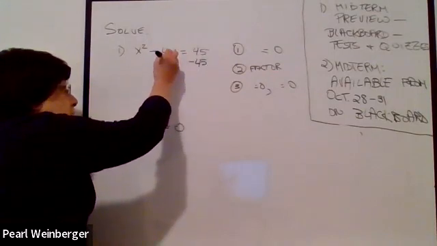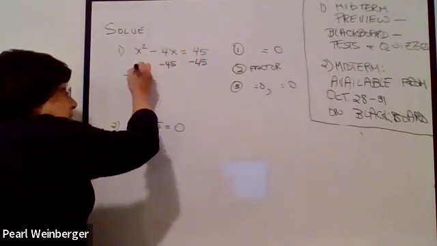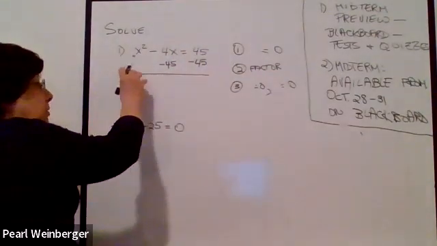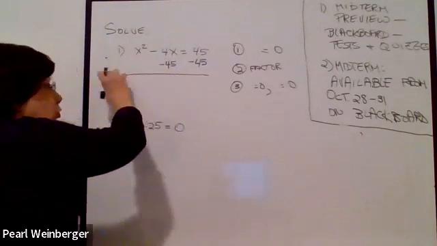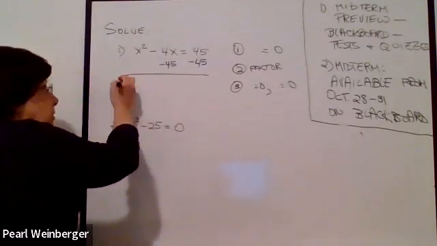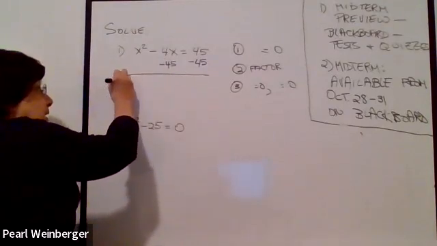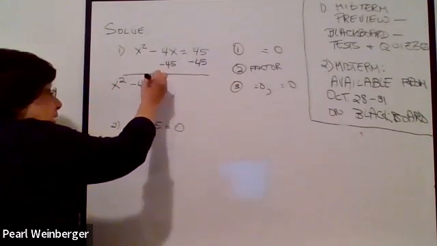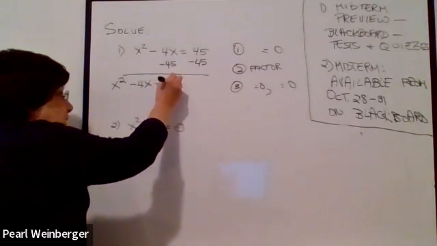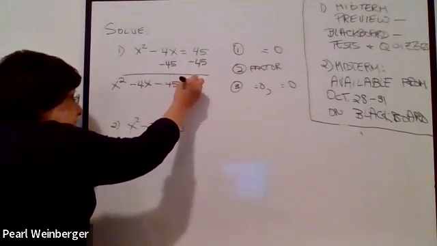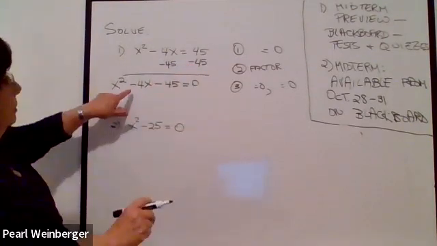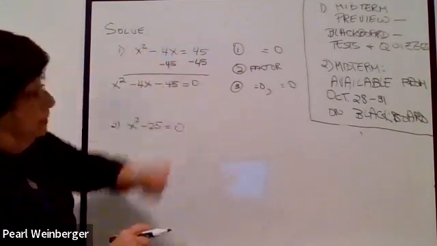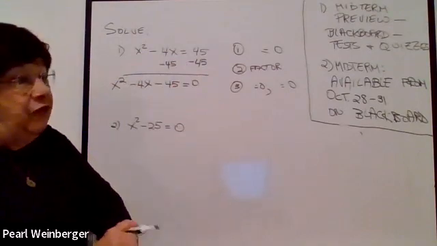And when I arrange my terms, I need them arranged so that I have an x squared, an x, and a number, what we call descending order. So this is going to end up being x squared minus 4x minus 45 equaling 0. Notice these can't be combined because they're not like terms. We put them separately. And now we factor.